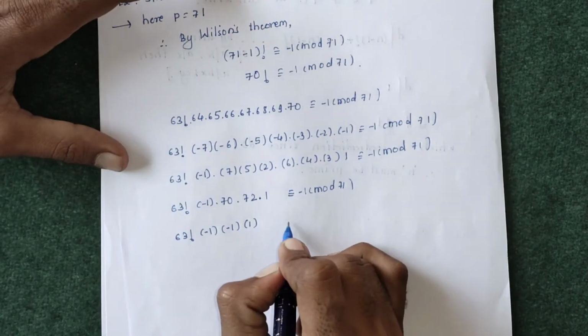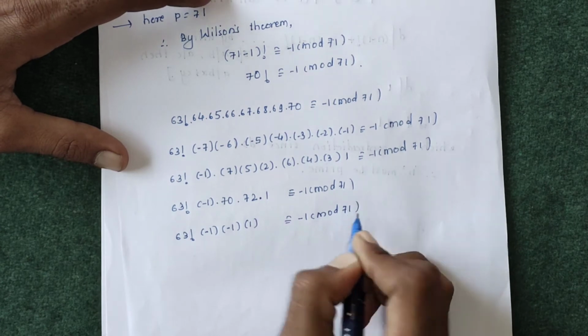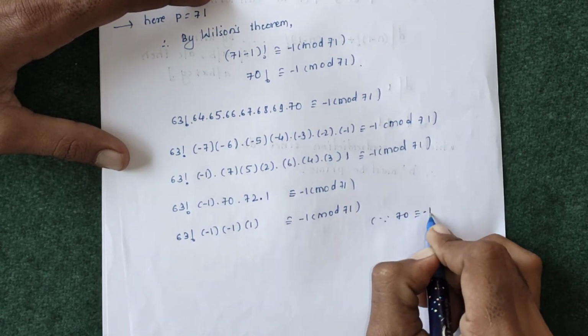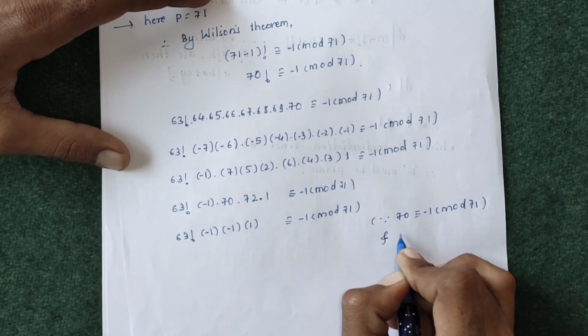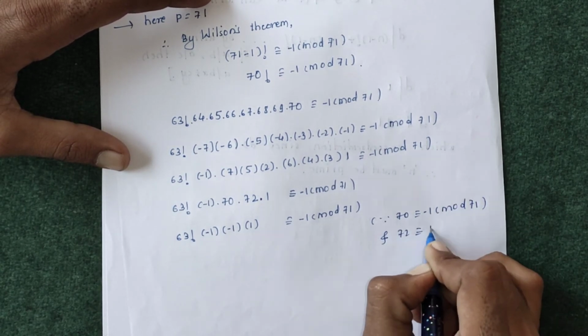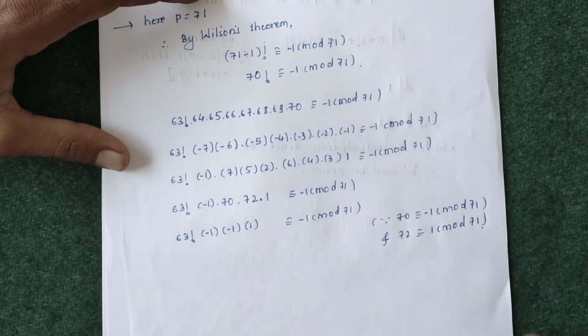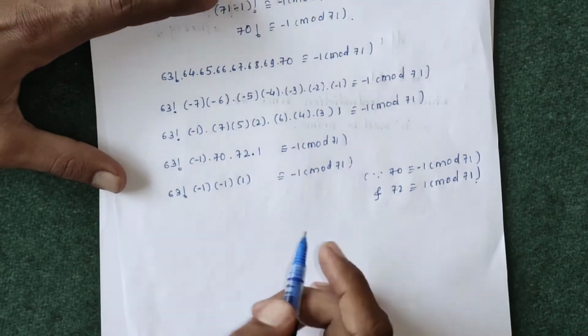So this is congruent to minus 1 modulo 71, since the reason is 70 is congruent to minus 1 modulo 71, and 72 is congruent to plus 1 modulo 71. Now multiplying this, minus minus gets plus, so 63 factorial.